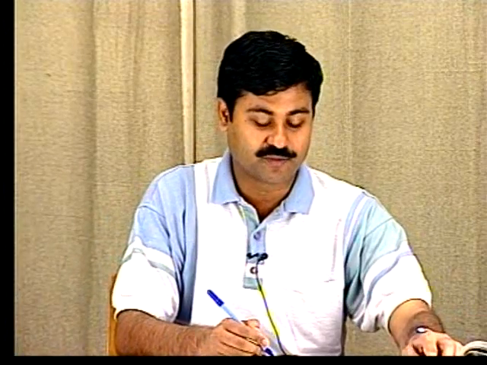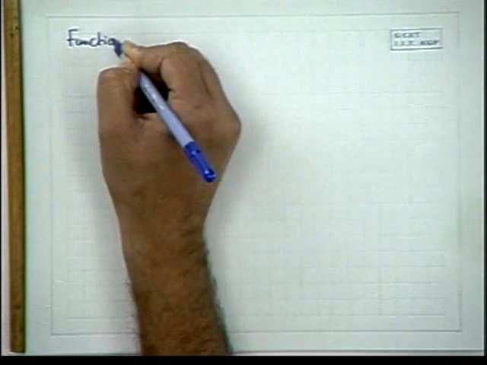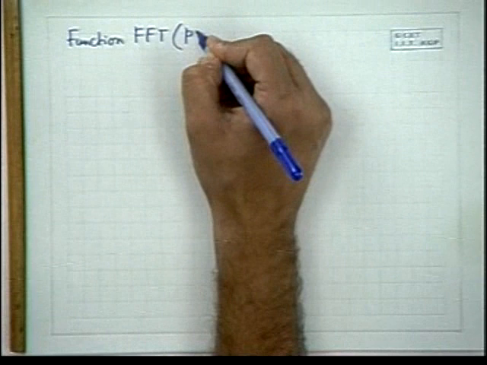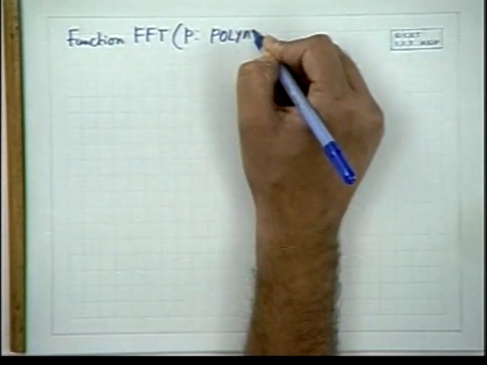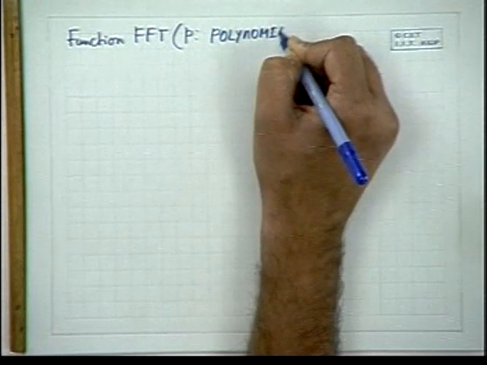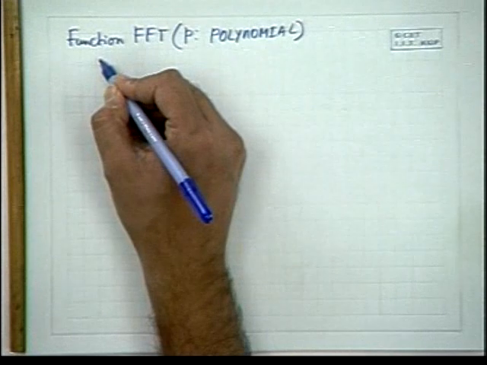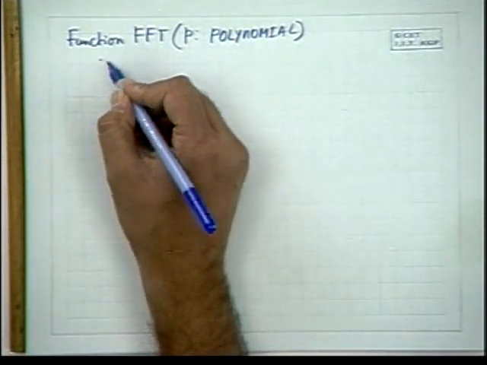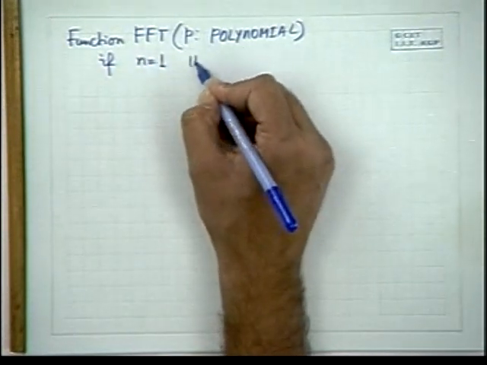Okay. So let me now write down the algorithm. This is the function FFT, P is the polynomial. First we are assuming n is the degree bound of the polynomial. If n is equal to 1, then return P, there is nothing to do.